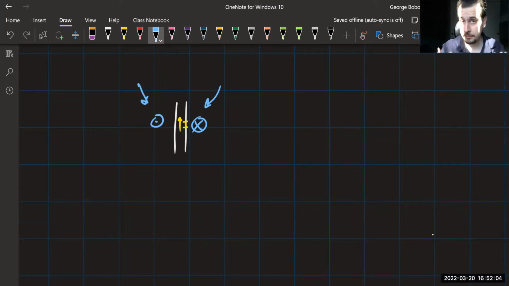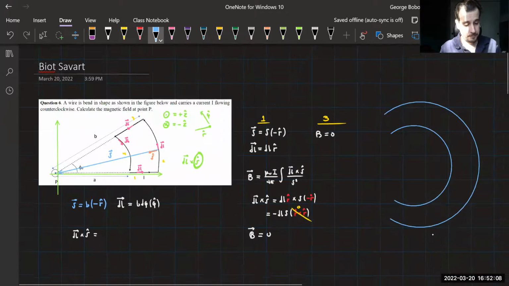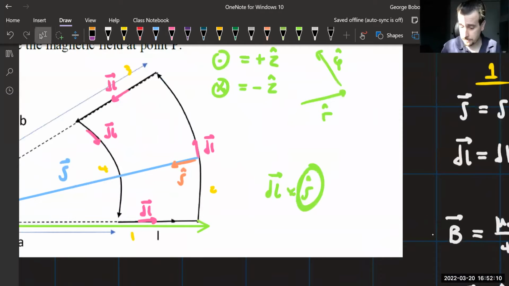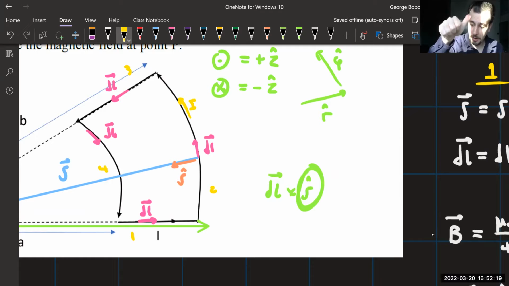We'll do the same on the problem right now. So we go back here. The direction of the current, we said the current's going like this. So again, your thumb along the current, wrap your fingers around the wire.